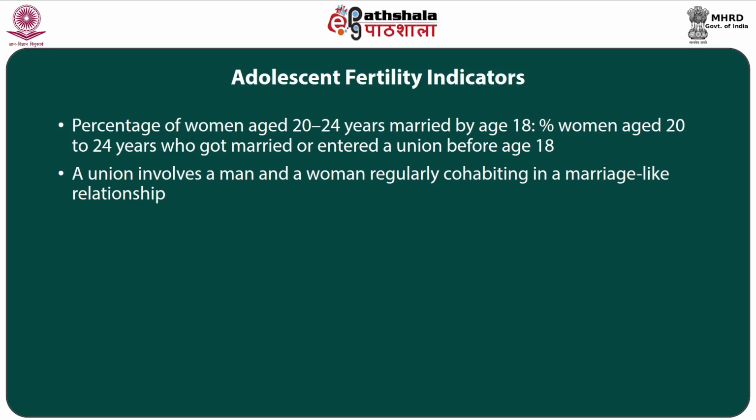The denominator will be all the women aged 20 to 24. Here the condition is that the woman has to get married or enter a union before age 18. When we talk about union, we are talking about involvement of a man and woman regularly cohabiting in a marriage like relationship.